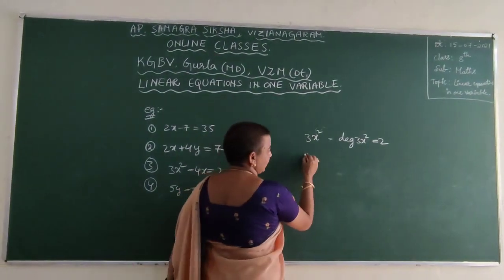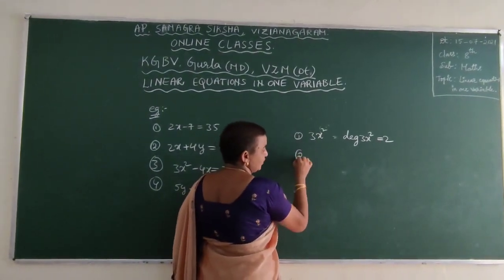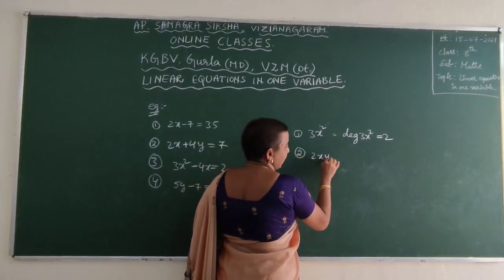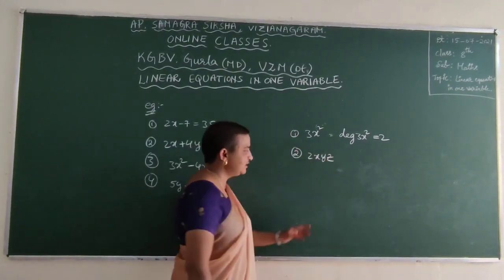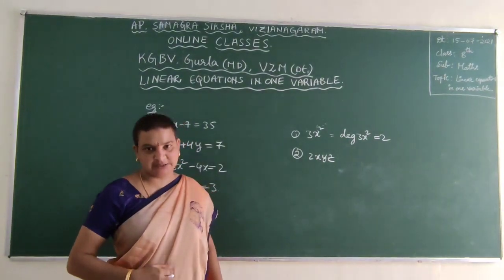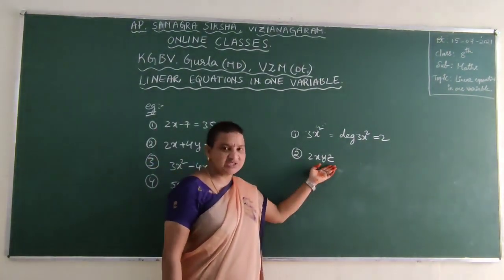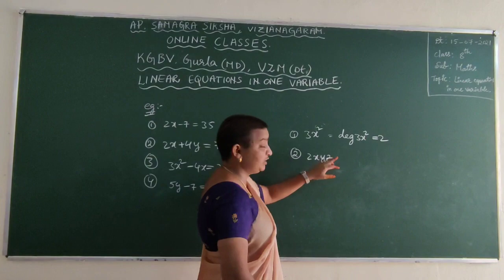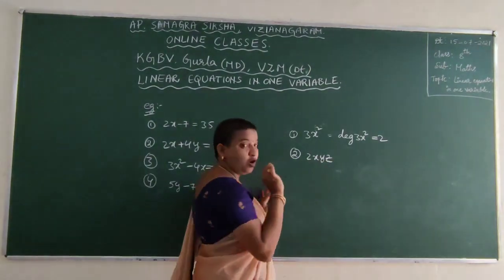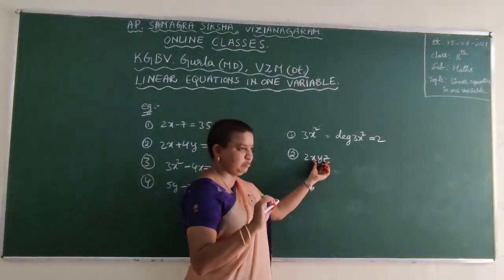Again, let us write another one, second, 2xyz. This is also an algebraic term. What is the degree of this term? The degree means the power or exponent of the variable.